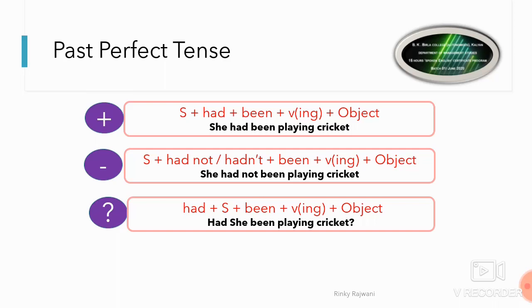She is the subject, had been, the verb play with ing added to it, and cricket is the object. Similarly, the negative sentence: she had not been playing cricket. The question: had she been playing cricket? This is an example of past perfect continuous tense.